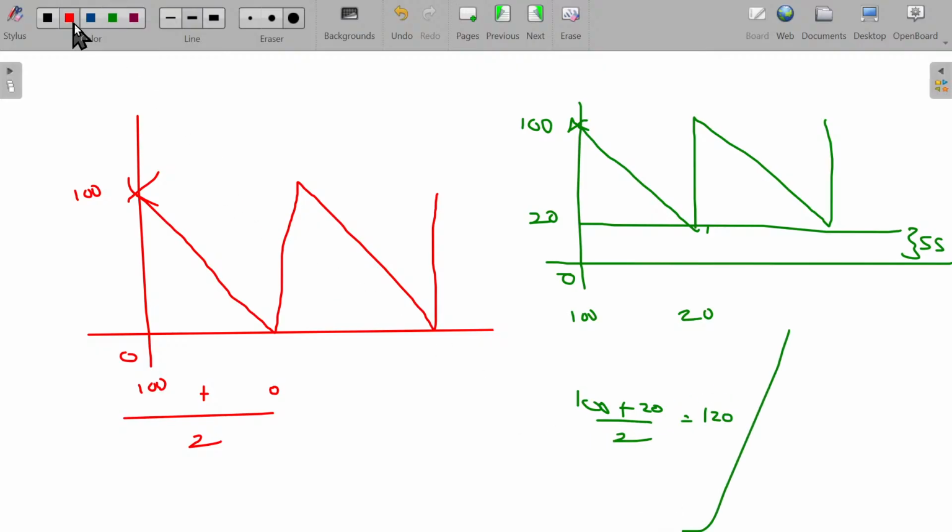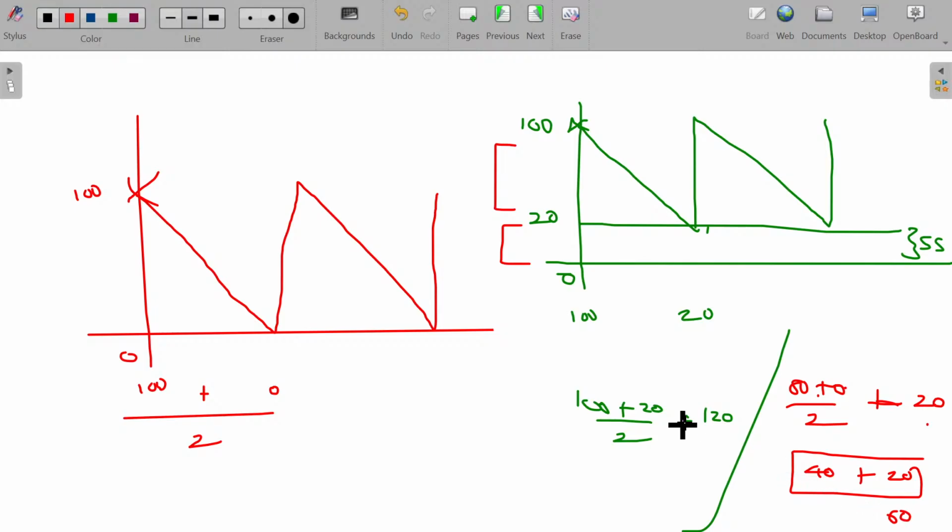Or how can you answer this? The difference between these two: 100 minus 20, that is 80, plus 0 by 2. And this extent remains always static without any reduction. So 80 plus 0 by 2 is nothing but 40, and for this, 20 remains the same. That time also it becomes 60, sorry.